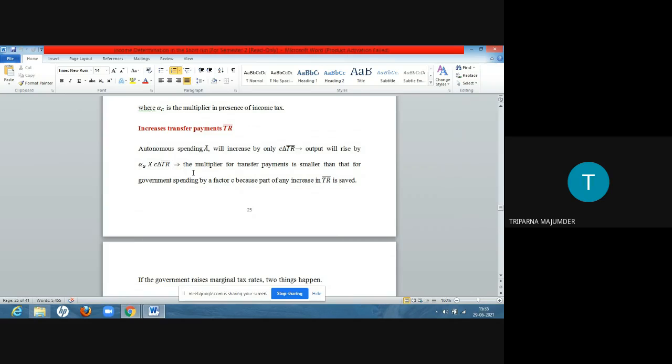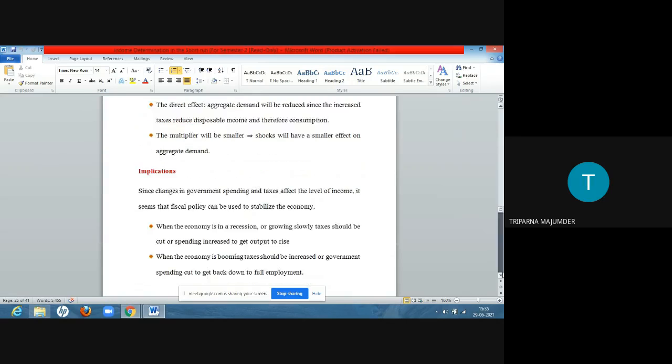This implies that the multiplier for transfer payments is smaller than that for government spending by a factor C, because part of any increase in TR bar is saved. Any payment that an individual gets, he either consumes or saves. This is applicable for transfer payments too.